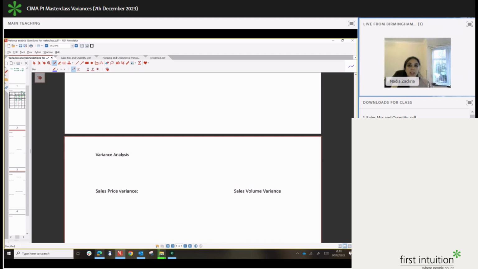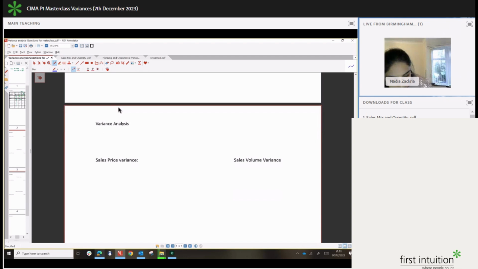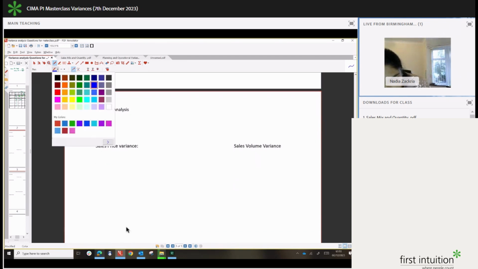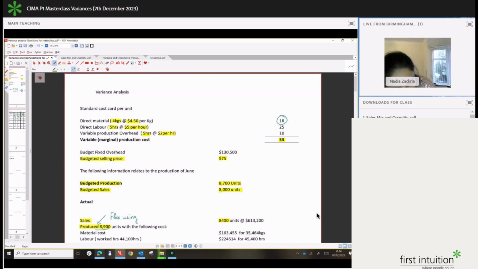So starting with your sales price variance. Right? Should method. If we have sold 8,400 units, and each of it sold at $75. Now again, this 75 is from the question.